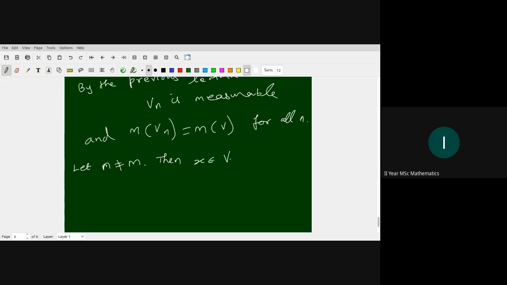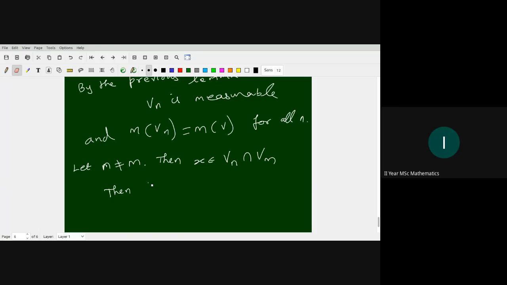Suppose Vn intersection Vm is non-empty. That means we choose an element here. Then by the definition, x belongs to Vn and x belongs to Vm.